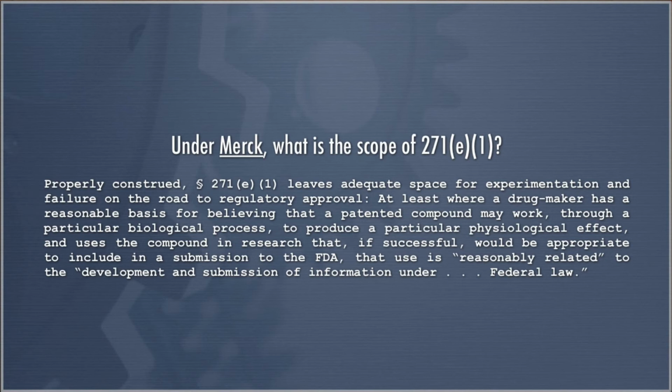So this is a broad reading of 271(e)(1). It allows for not only an exception to infringement for information that's specifically required under FDA rules, but it also allows people to experiment fairly broadly using patented inventions as long as the goal of such experimentation is related to a submission that could be made to the FDA at some point in the future.